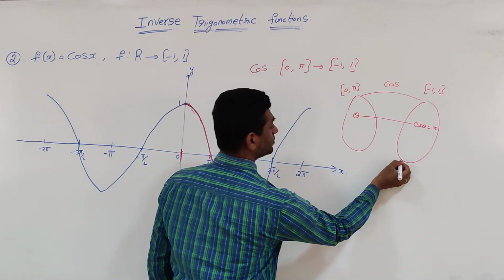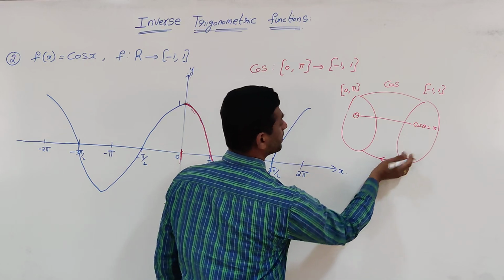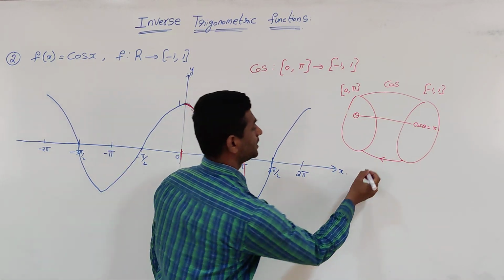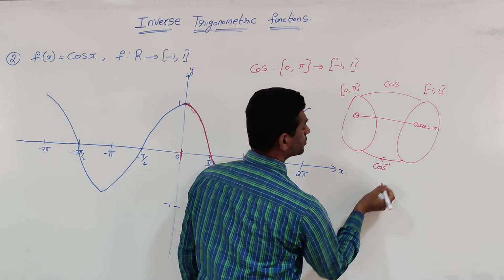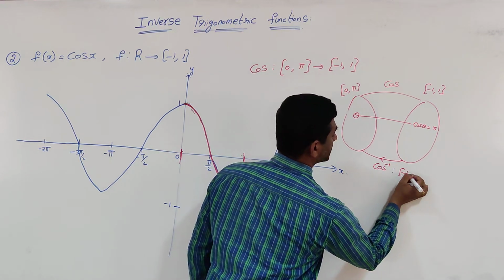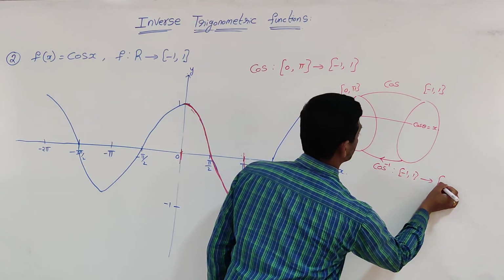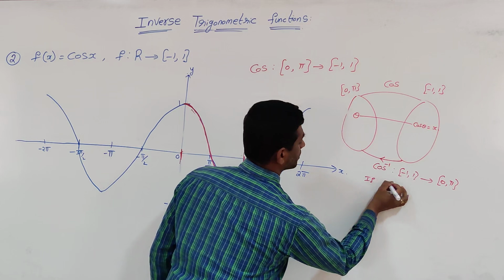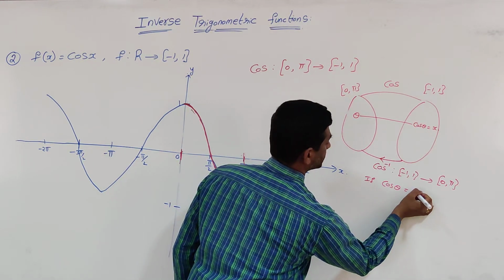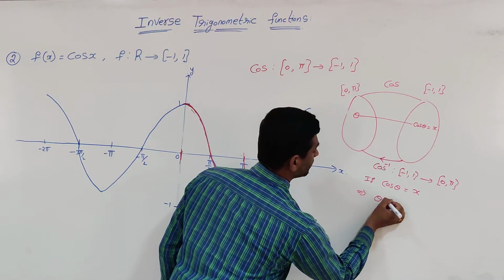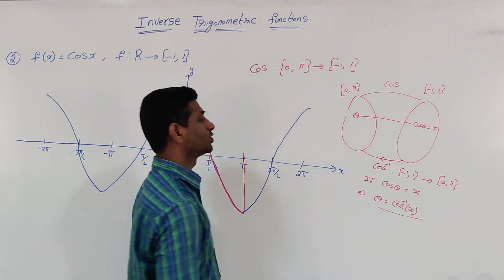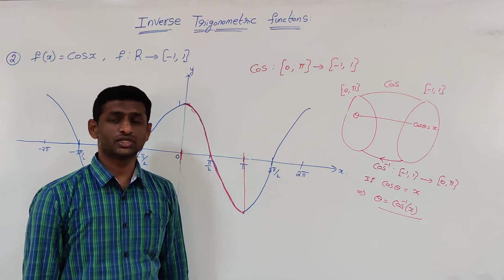If this is bijective, then the inverse function exists from this range to the domain. It is denoted by cos inverse. So cos inverse is a function from -1 comma 1 to 0 comma pi. Means if cos theta is equal to x, then theta will be cos inverse of x. Then this also becomes a bijection.